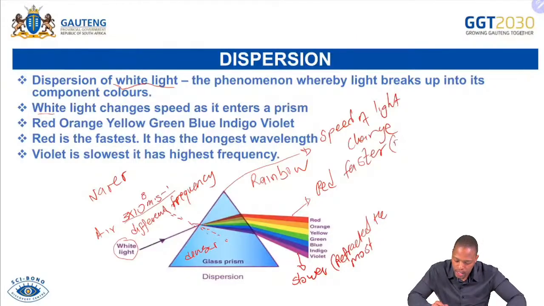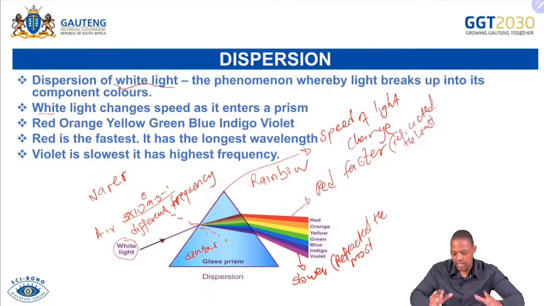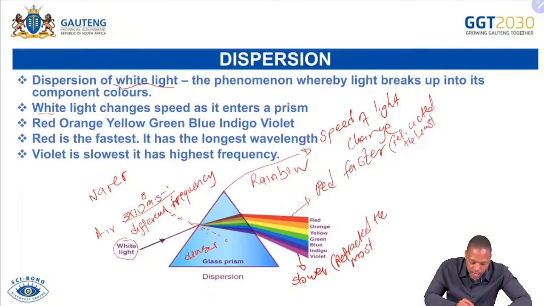While red gets refracted the least. So it gets refracted the least because it is faster. Why is it faster? It is because of its frequency. Okay, right. So as we say here, red is the fastest.